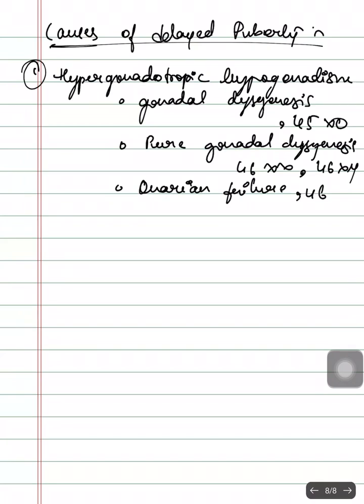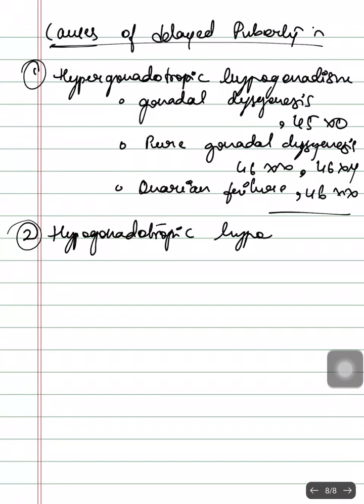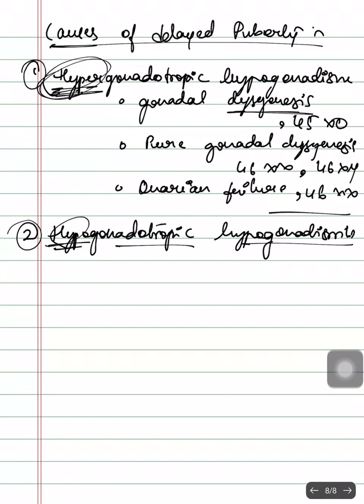And the next main heading is hypogonadotropic hypogonadism. The first one was hypergonadotropic, and the second one is hypogonadotropic hypogonadism. Here you will see the constitutional delay, which I have already explained in the previous question.